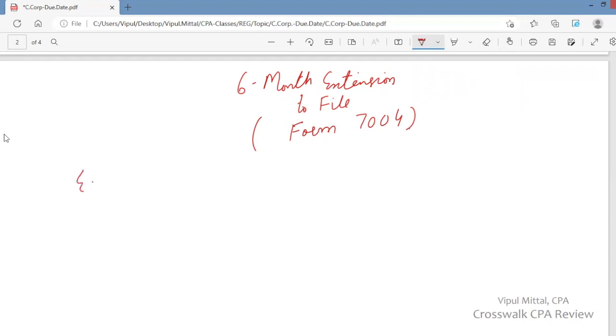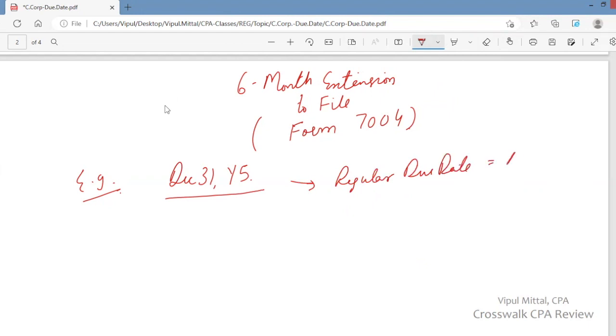For example, if the tax year is the calendar year, that is, the tax year ends on December 31st, year 5, the regular due date is April 15th, year 6, subject to the holiday rule.